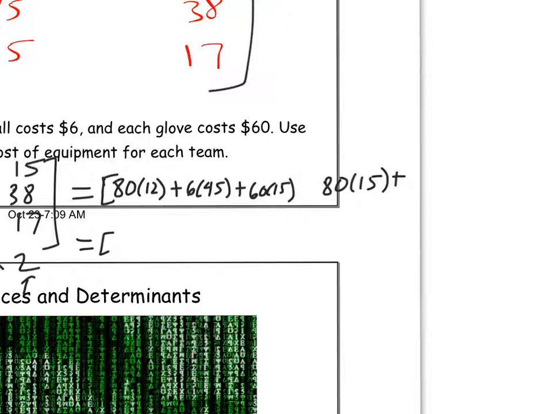The men ordered 15 bats, they cost 80. The way these matrices are set up, all these numbers are aligning perfectly. Then we would have 6 times 38. And we'd finish with 60 times 17.